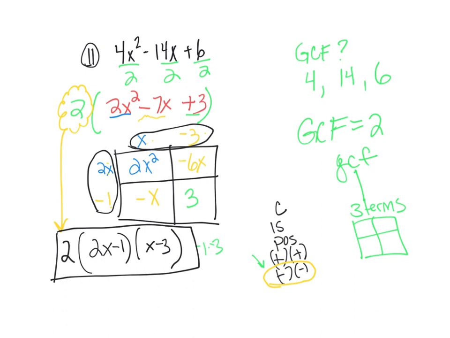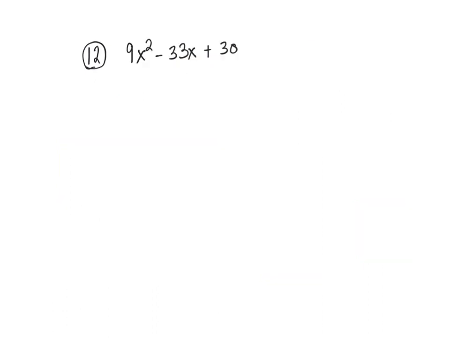Okay, let's go ahead and look at number 12. So number 12, 9x squared minus 33x plus 30. And remember, this is number 12 on page 49. So the first thing I think of is, let's see, does it have a greatest common factor? I have a 9, a 33, and a 30.